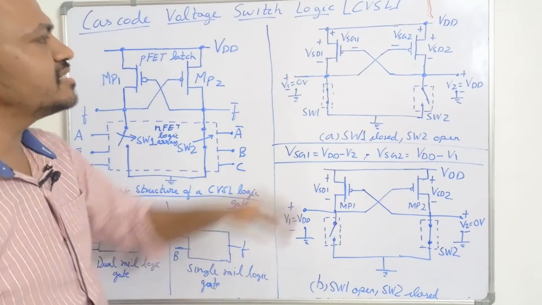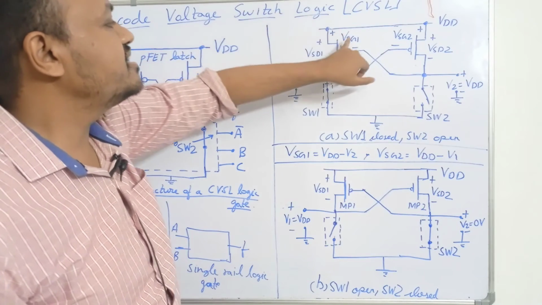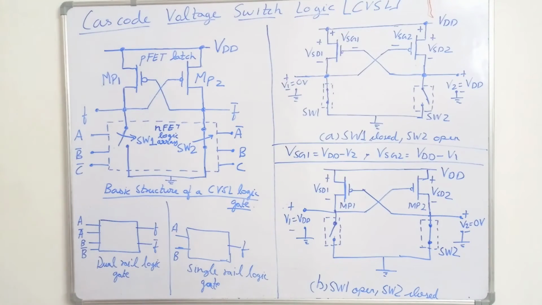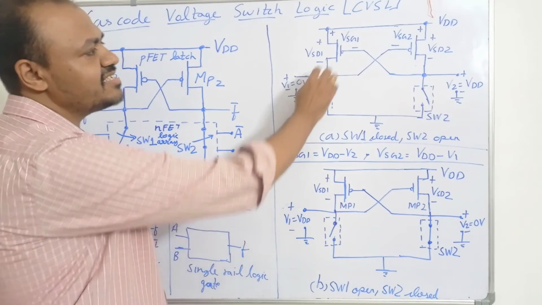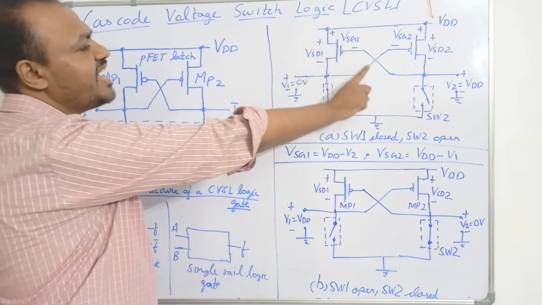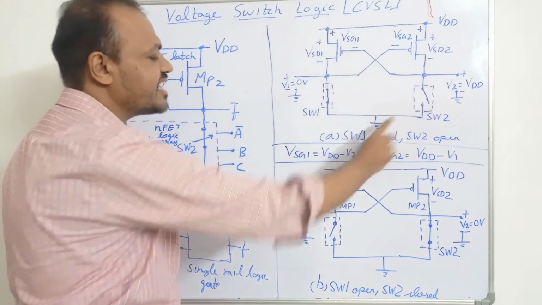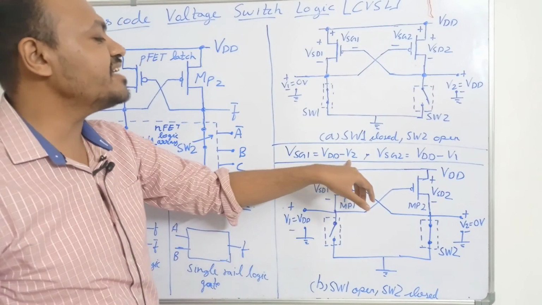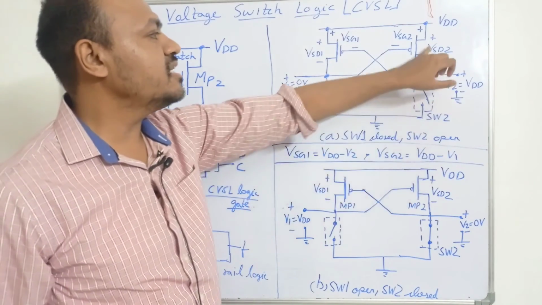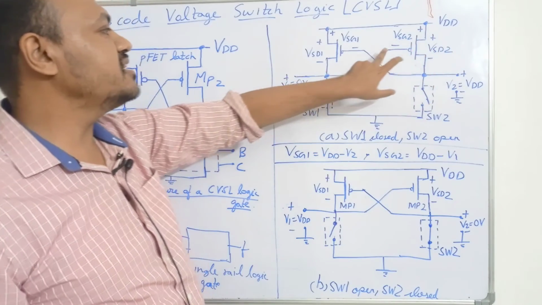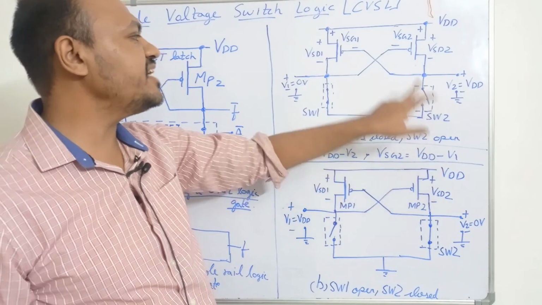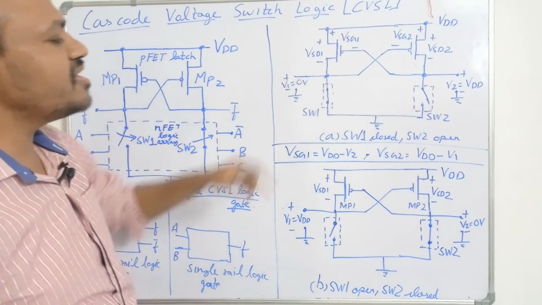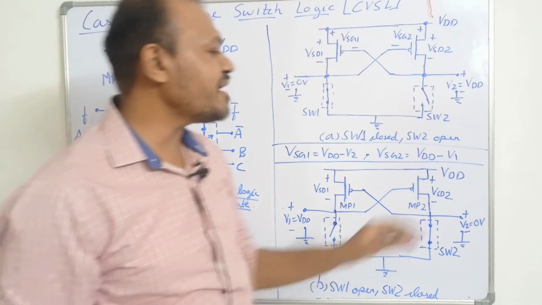Now if you see the source to gate voltage for the first transistor, the source is connected to VDD and the gate is connected to V2. So VSG1 equals VDD minus V2. For the second PMOS, the source is connected again to VDD and the gate is connected to V1, so VSG2 equals VDD minus V1.